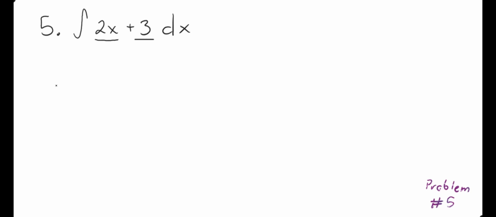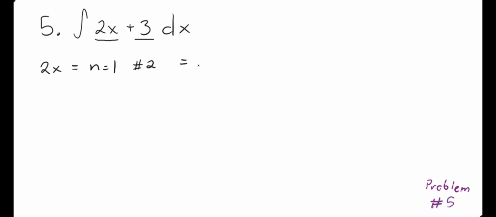So let's do the 2x first. So we know when it comes to the 2x that our n is equal to 1. Our little number happens to be 2.